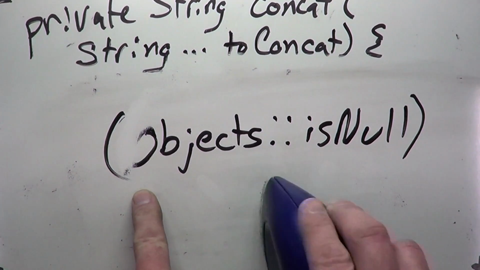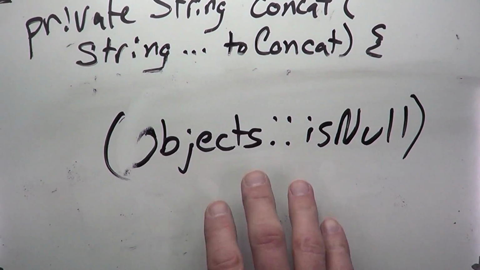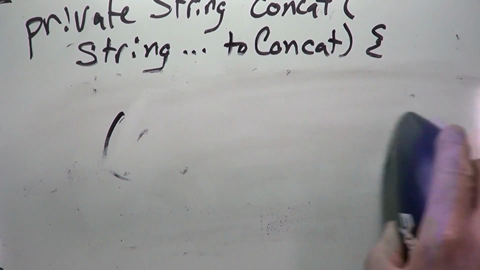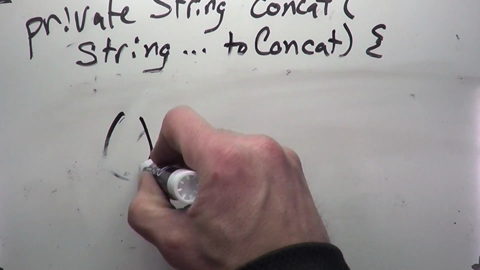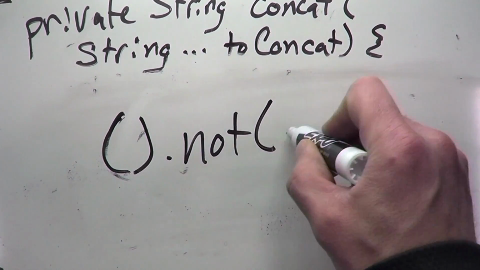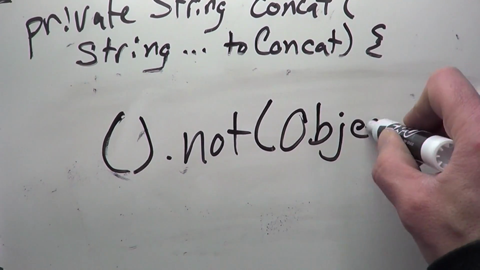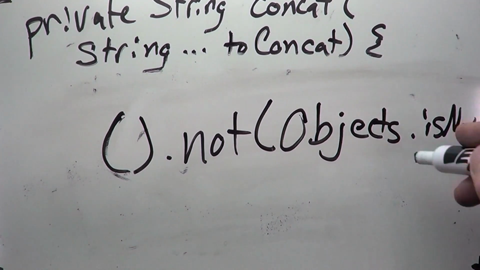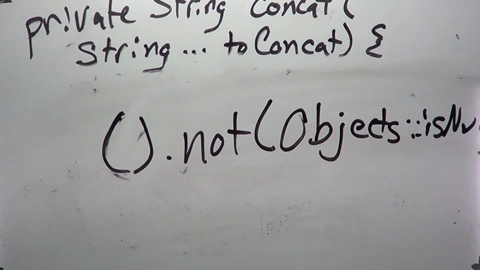So that's one way to do it. If you're chaining together multiple predicates and you already had some, you can do not and then the objects dot is null, and that will do what you expect there. Not dot, that's the method reference.